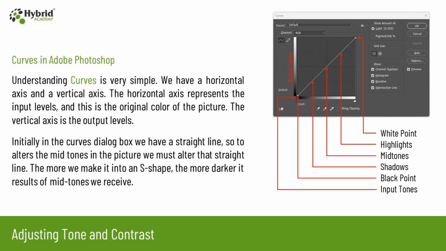The middle point on the straight line is known as the mid-tones, and this is the point which we need to adjust. And again, the middle point between the mid-tone and the white point is known as the highlights, and the middle point between the mid-tone and the black point is known as the shadows. So we will be adjusting the highlights and the shadows so that the mid-tones get highlighted and darker, to give a better representation to our picture.